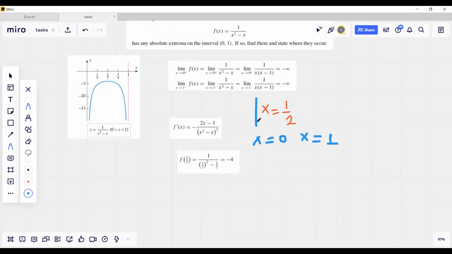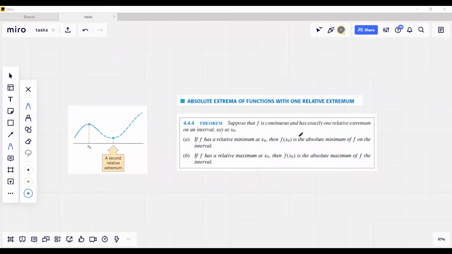All right, so our absolute maximum is then occurring at the point x is equal to 1 over 2, and it is equal to -4. Suppose that function f is continuous and has exactly one relative extremum on an interval, say at x0, then this relative extremum point is going to be the absolute extremum point of that function on that interval.